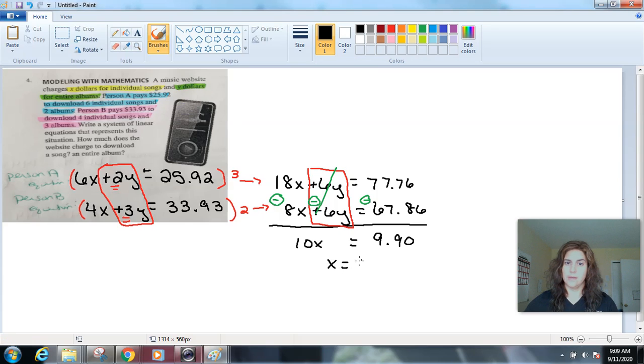And when I divide, I get 0.99. Again, I'm going to take that and plug it back in. You can plug it anywhere you want. I'm going to just plug it into the top equation. Okay. We know our x. X is 99 cents.